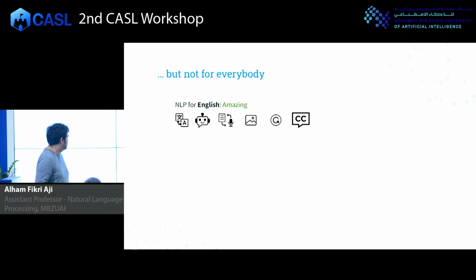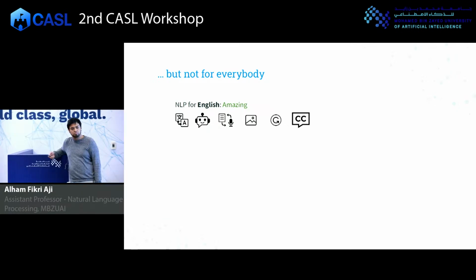So basically, when we are talking about English NLP, we can see a lot of practical usage. We can see a lot of applications, from translation, chatbot, image to text, text to image, grammatical error correction, captioning, basically whatever you can think of, usually it works for English, right?